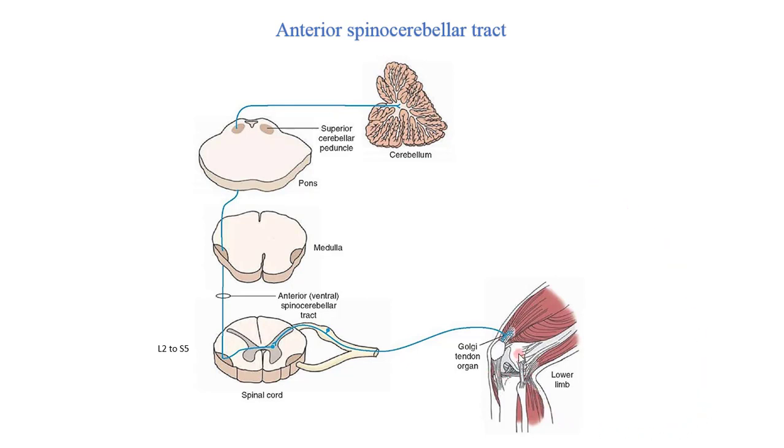First order neuron cell bodies are located in the spinal ganglia at lumbosacral levels L2 to S5, with their central processes synapsing with the second order neurons in the zone between the anterior and posterior horns of gray matter, or lamina 5, 6, and 7.